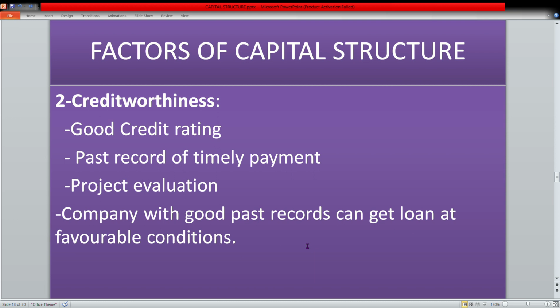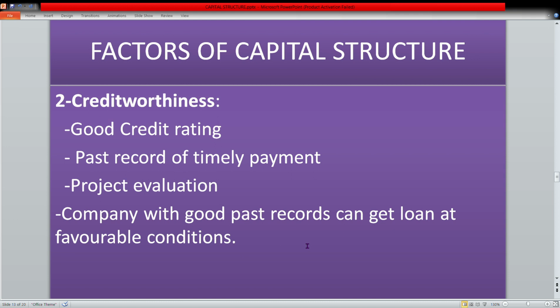And if the company has a past record of timely repayment of loan, that is, they had taken loan and they had already paid the loan in time, so this is their past record, then it is easier to get the loan.